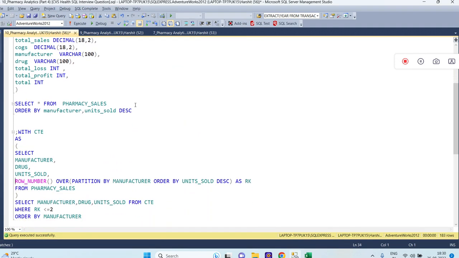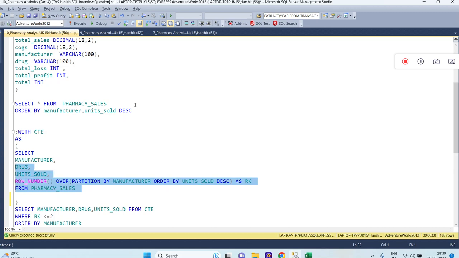So now if you see the solution, that is very simple. Select manufacturer, drug, units sold. As we can see, use rank, row number or dense rank, any of the functions. I have used the row number function. Partition by, I have already told, for each manufacturer. And also we need top two, right?